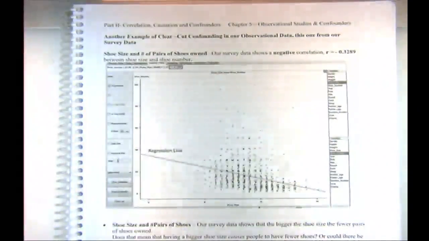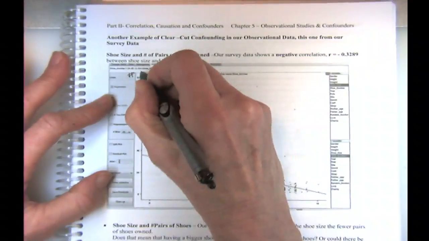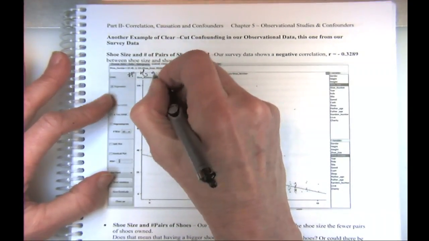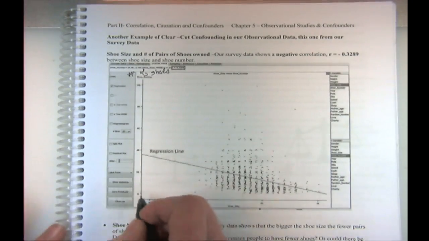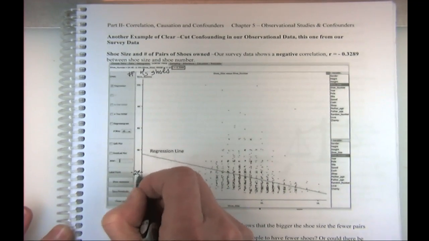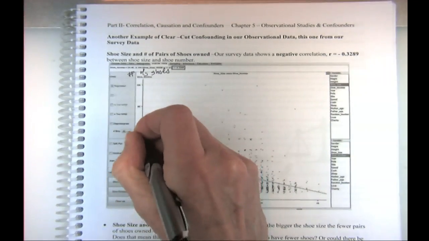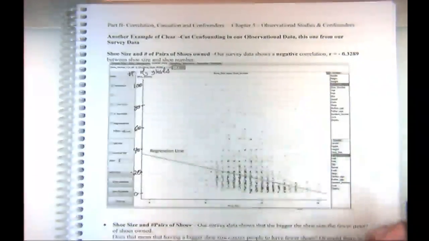On the y-axis, we have the number of pairs of shoes, and it runs from 0, 20, 40, 60, 80 to 100.